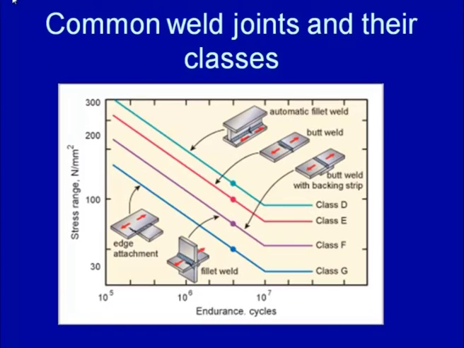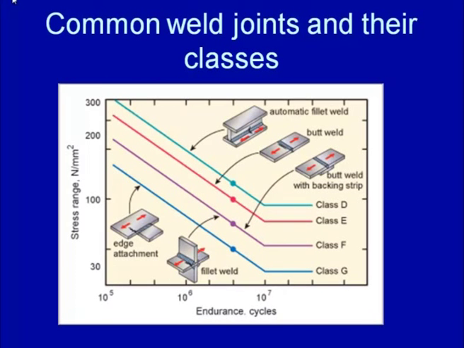For developing weld joints for applications where fatigue loading takes place, it is desired to classify the weld joints under different classes, which indicate the severity to which a weld joint will be subjected. So, higher is the class, greater will be the severity of the stress conditions and lower will be the fatigue life of the component.